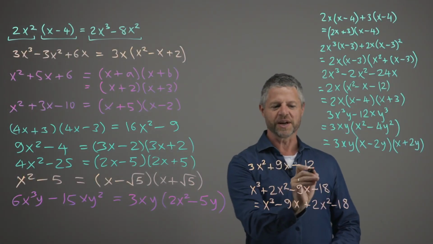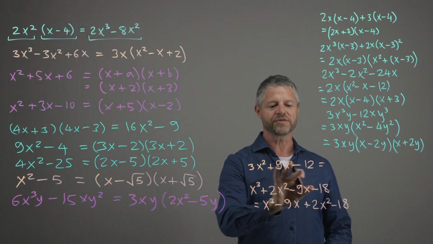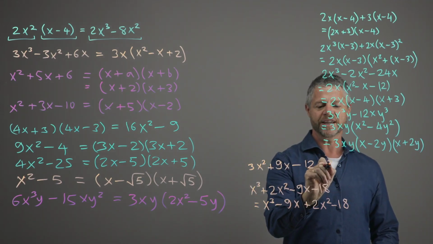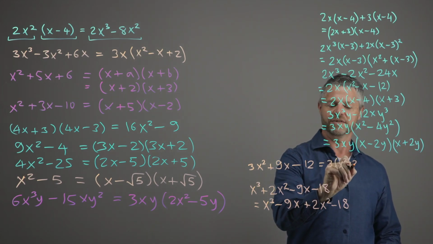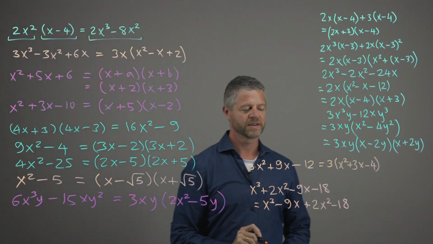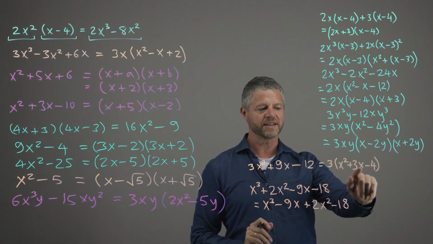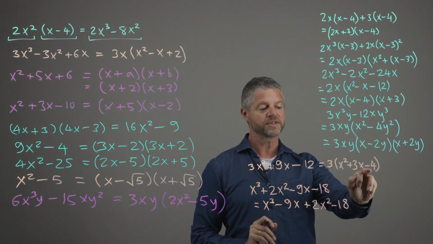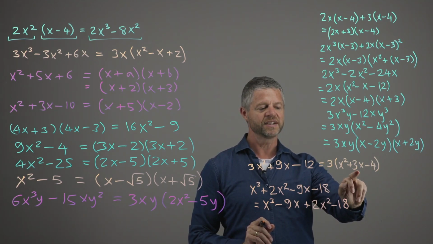So for this first one, first thing we can do is pull out a common factor of 3. So we'll have 3 times x squared plus x minus 4. And then we can see if we can factor this quadratic if we can find two numbers that multiply together to give me minus 4 and that add to give me plus 1.